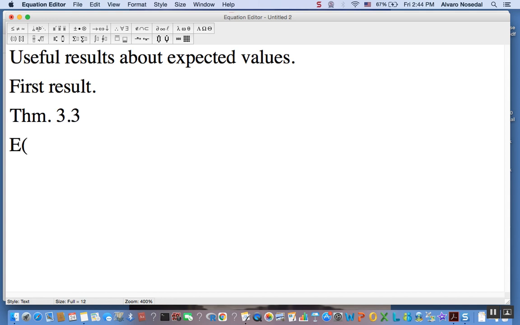Expected value of c equals c, where c is a constant. Proof.